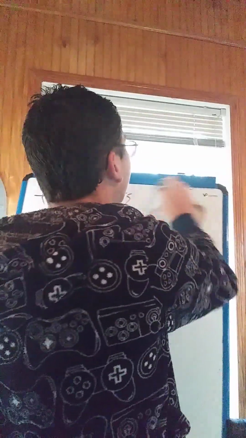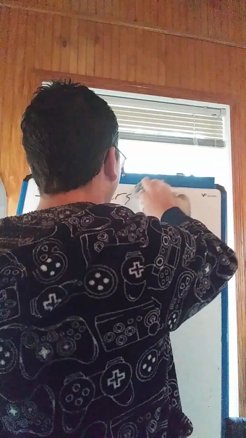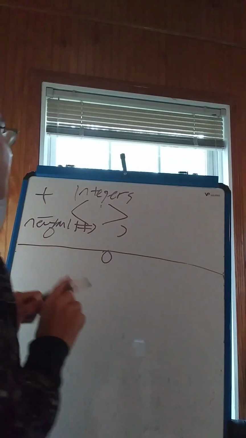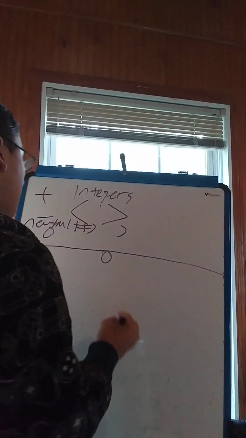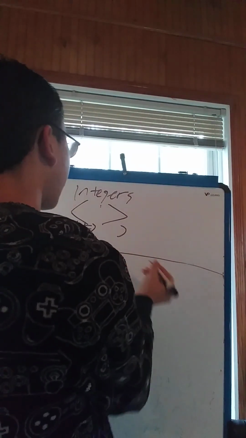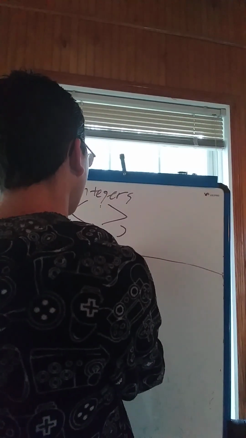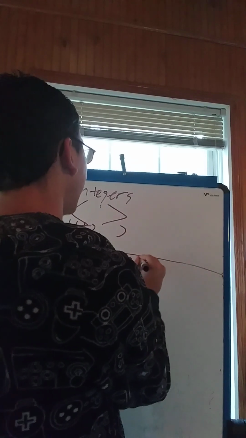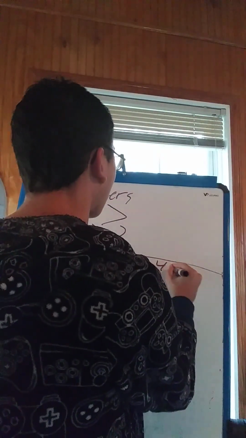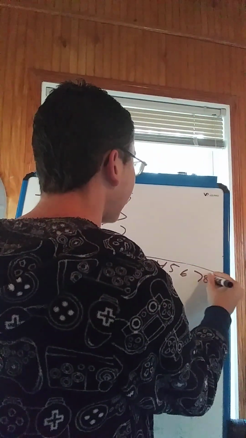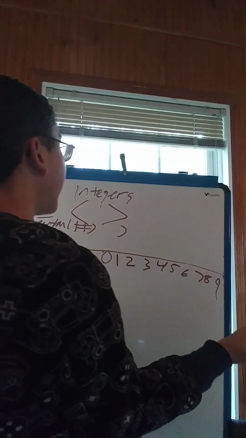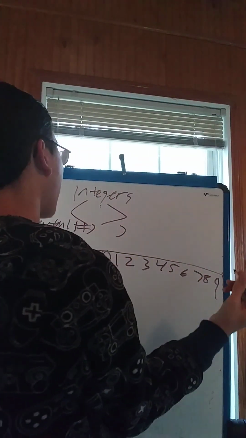Without getting rid of my beautiful number line, this is how it looks. So let's start off with the good. 1, 2, 3, 4, 5, 6, 7, 8, 9, the number line that keeps going on and on.